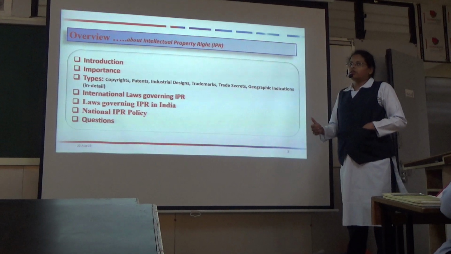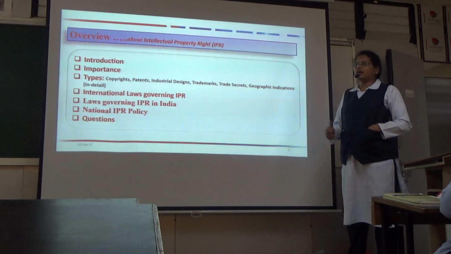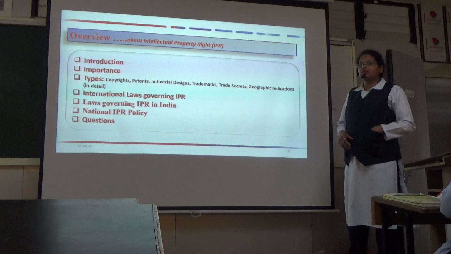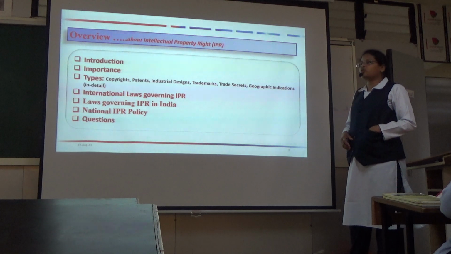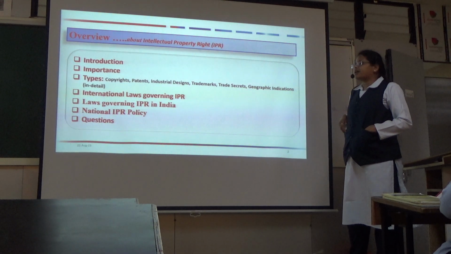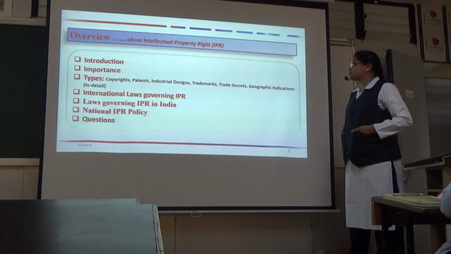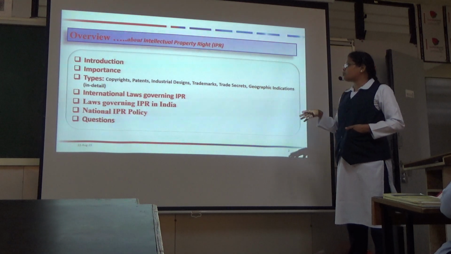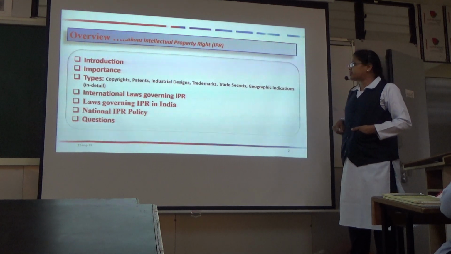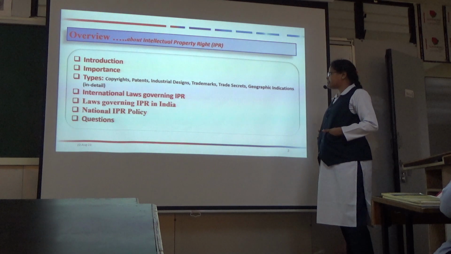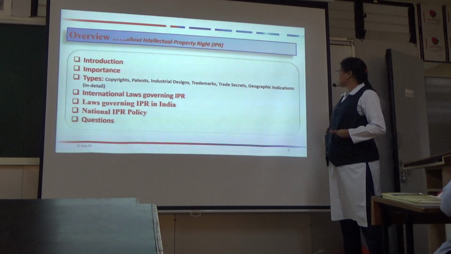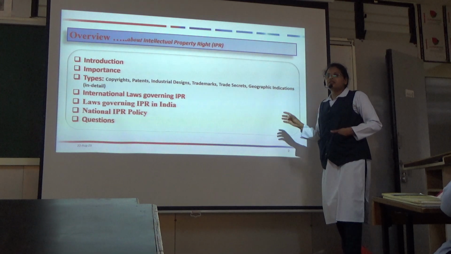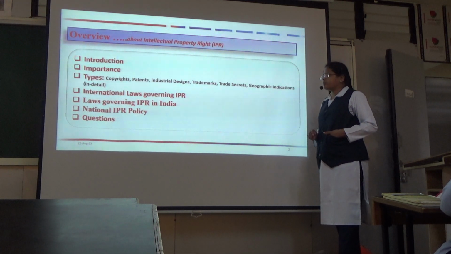It is taking more space in the market. Governments are paying attention to this. And different types of property rights, suppose there are some common rights: copyrights, patents, industrial designs, trademarks, trade secrets, geographical indications. We will discuss all these things in detail.